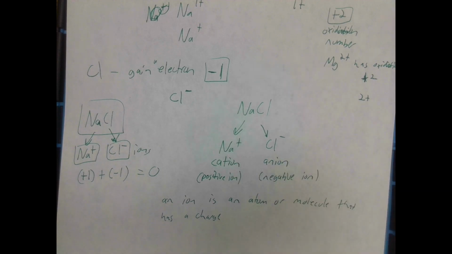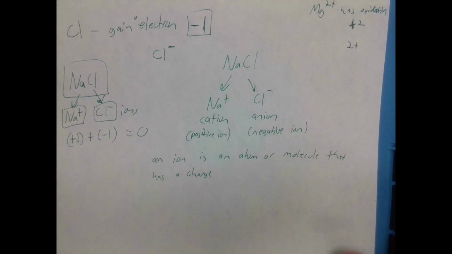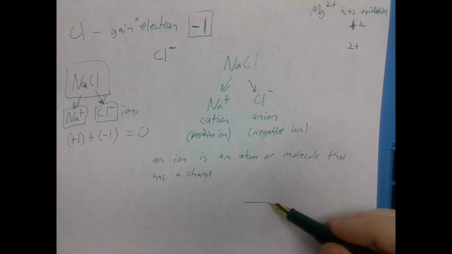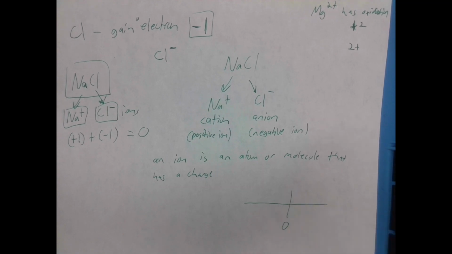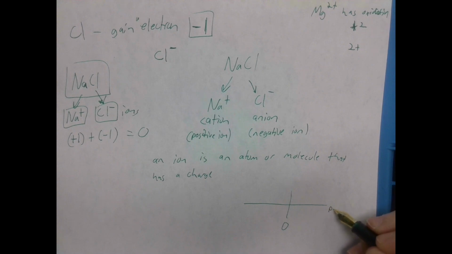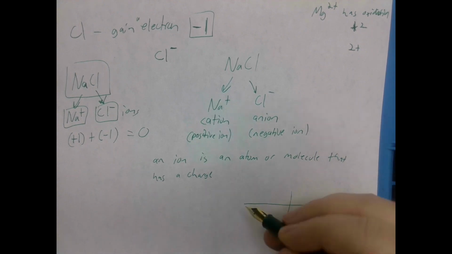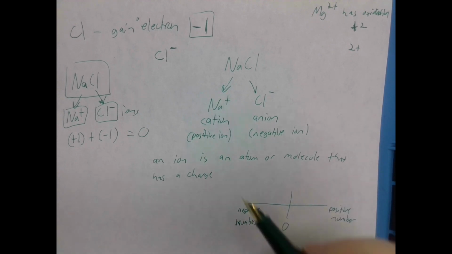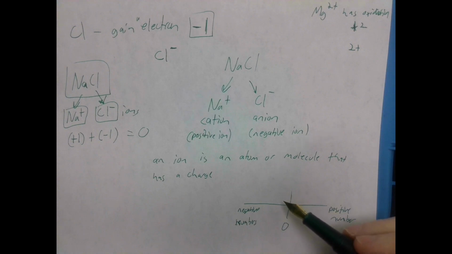How I remember these apart is, let's think of the number line. We have 0 in the middle, right? We have positive numbers on the right-hand side, and we have negative numbers on the left-hand side. Let's write these two things in alphabetical order. Which comes first, A or C?